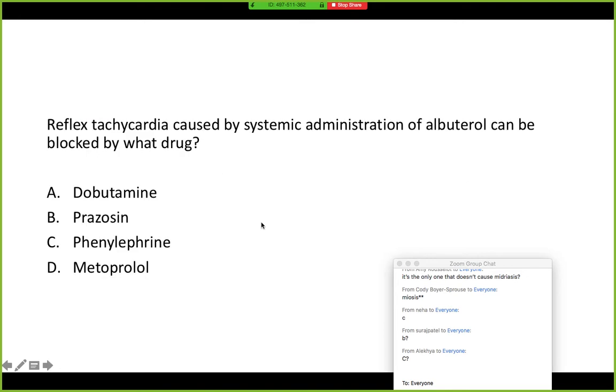Okay. Reflex tachycardia caused by systemic administration of albuterol can be blocked by what drug? So think about mechanism of action here.